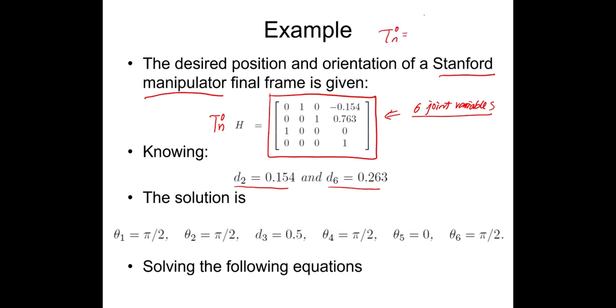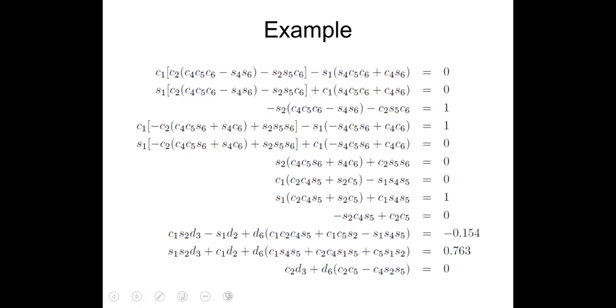Remember that Tn0 is a pretty complicated matrix, with 0, 0, 0, 1 in the last row. Each of these elements was a pretty complicated term that was a function of theta 1, theta 2, d3, theta 4, theta 5, and theta 6, right? Now if we want to solve that, let's recall what we did.